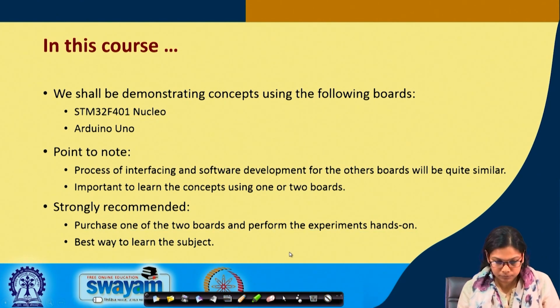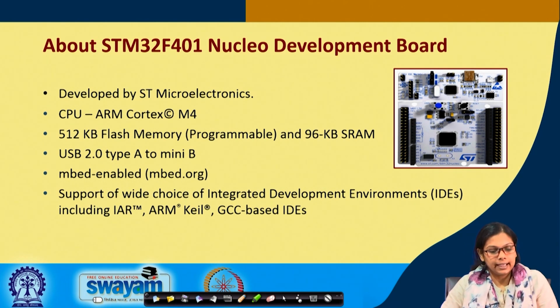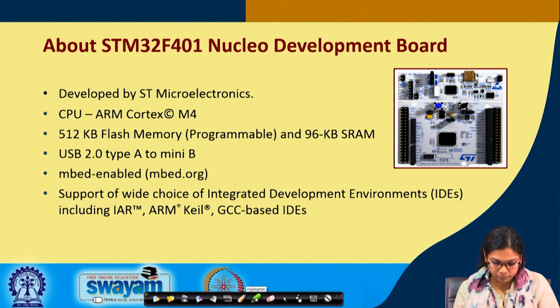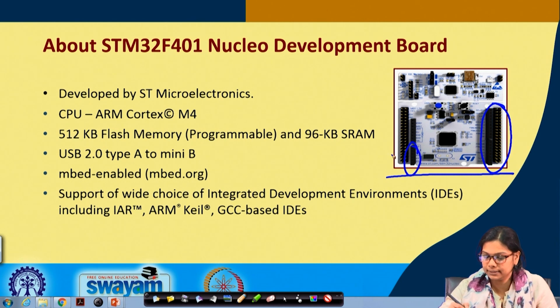Now, I will move on with the STM32F401 Nucleo Development Board. This is the board which we will be using. It has got some digital pins, some analog pins, and a power connector. This is the USB connection through which you can connect.